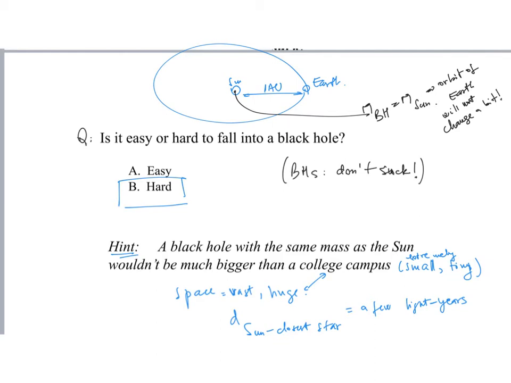Nothing will happen. It's the same mass, right? It's the same mass that is going to keep in orbit everything that the sun keeps in orbit. So in that sense, black holes don't suck.